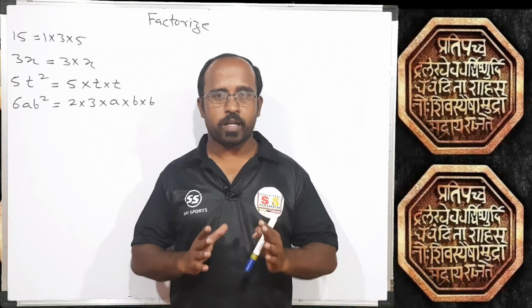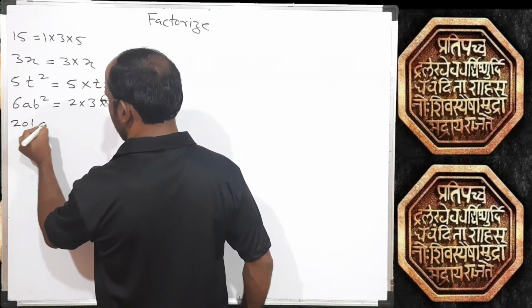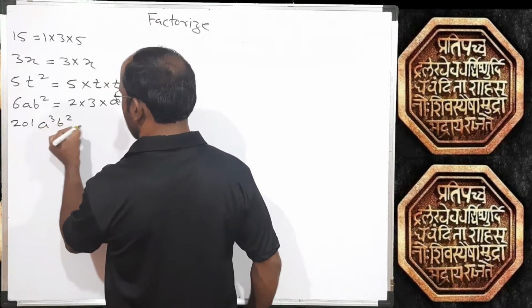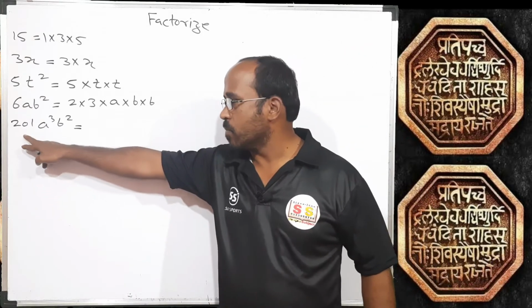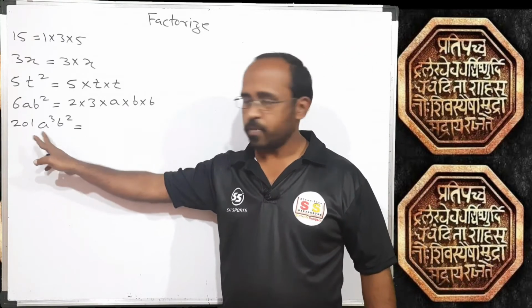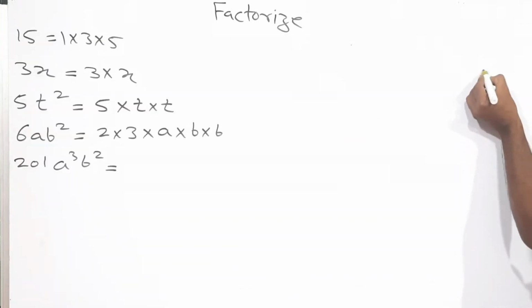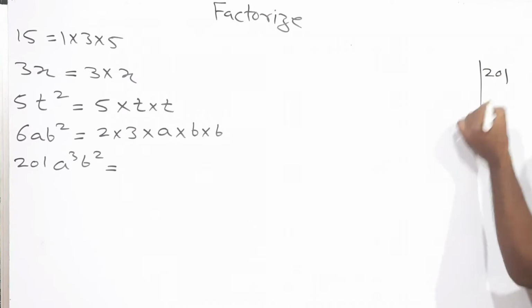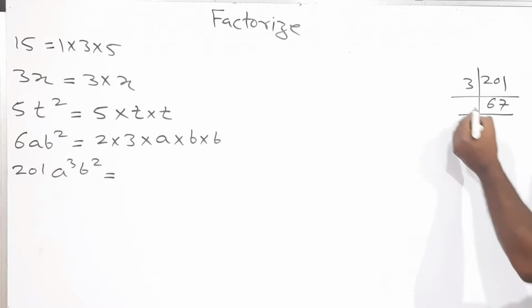Suppose the question is 201 a cube b square. What are the factors of this? What do we have to do, students? Factorize the number separately and the variable separately. So let's factorize the number in the rough area. 201, the digit sum is 3, so it is divisible by 3. Divide it by 3. 3 sixes are 18. 2 is the remainder, bring down 1, 21. 3 sevens are 21. 67 is a prime number.